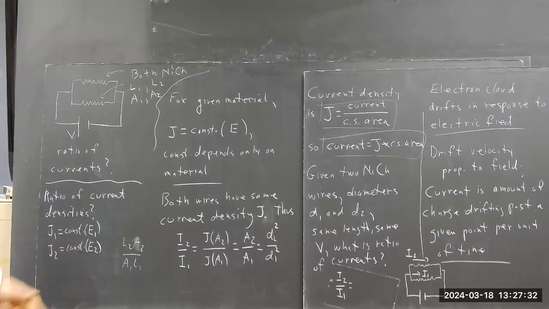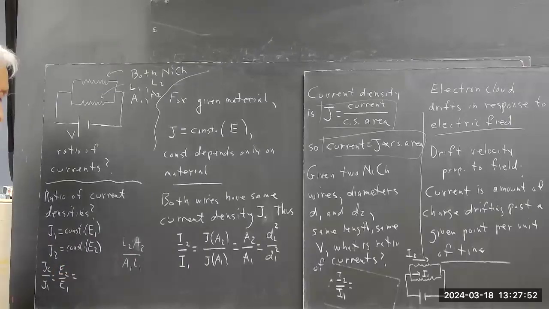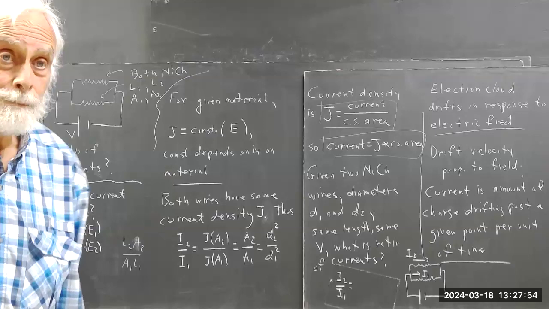And it's the same constant. So that J2 over J1 is certainly equal to E2 over E1.